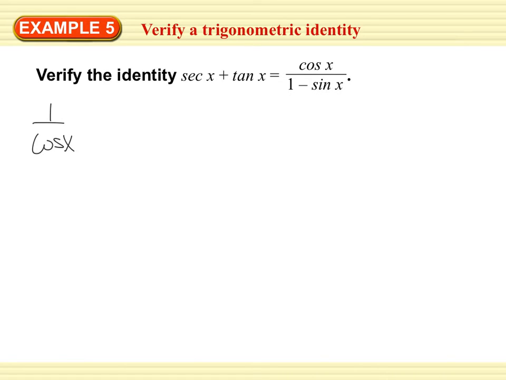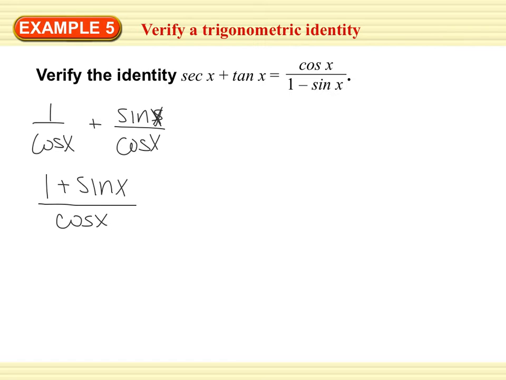Tangent x is actually the same as sine x over cosine x. Ooh, these are the same. They're both over cosine x. So let's simplify that. That's fun. Now what can we do?